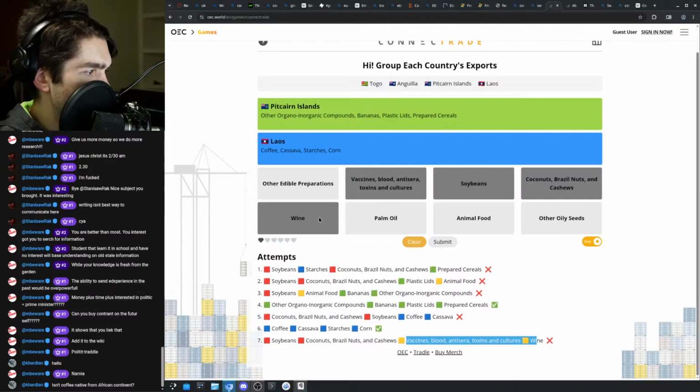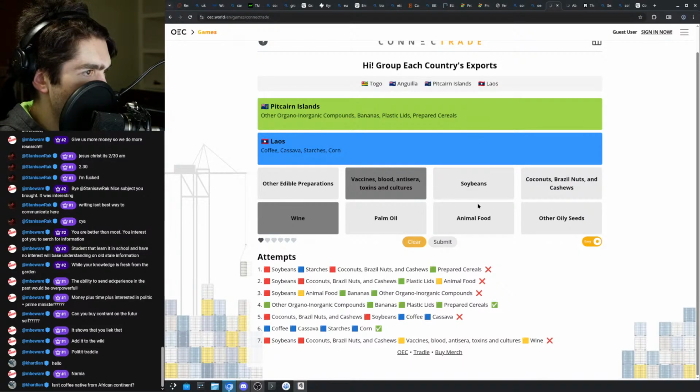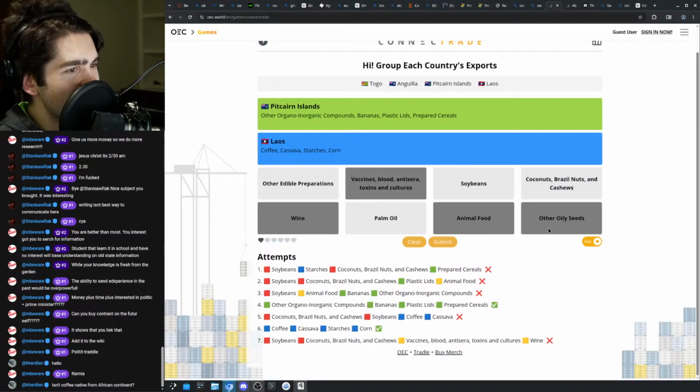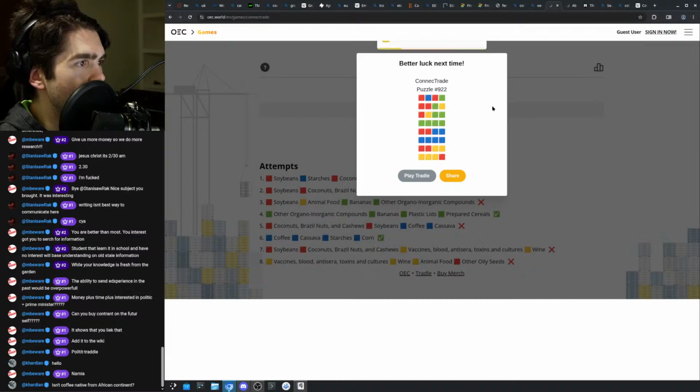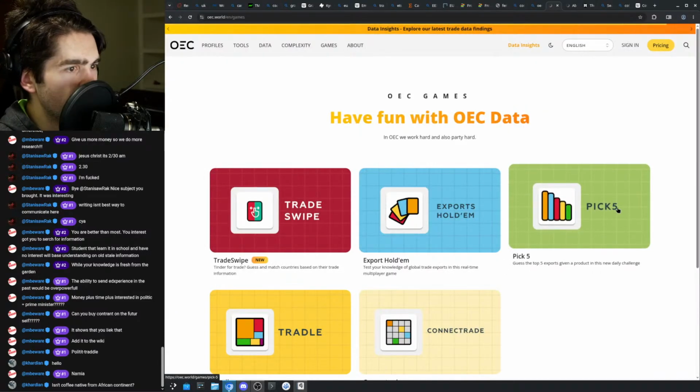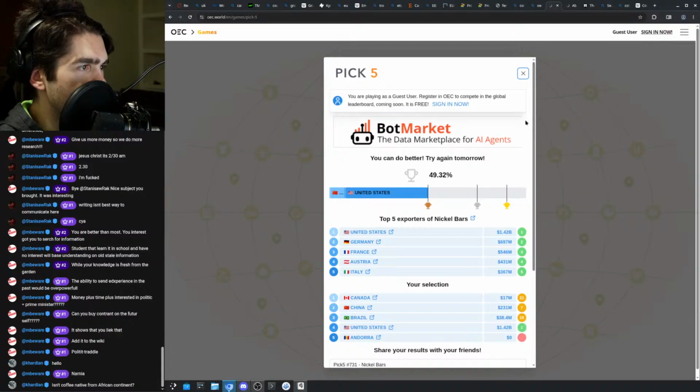Okay, let's get as many guesses as we can get. This, and animal food. What is this mix? Okay, this is guessing at this point. We're playing the guessing game. Okay, fuck me. Cool. What's the play Tradle? I've already done my Tradle. Pick 5, this is where we do it.